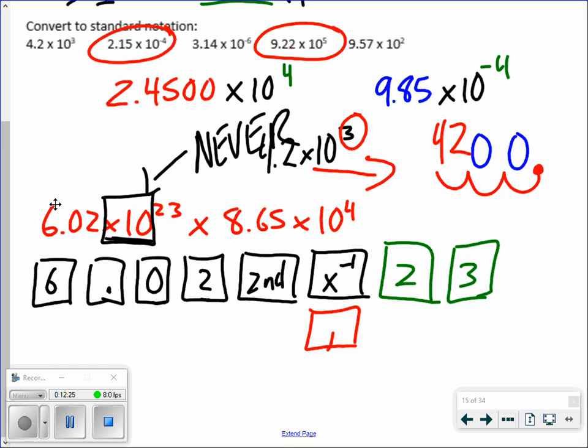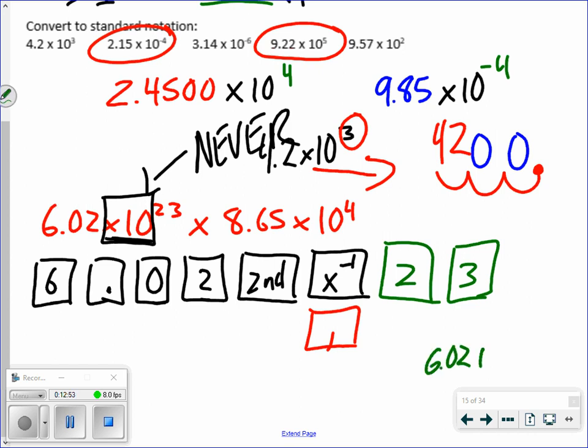You have to hit 6.02, then the second button, which is the yellow button on mine. It's probably a different color on other calculators. Anybody else not get that? It should have looked like this.